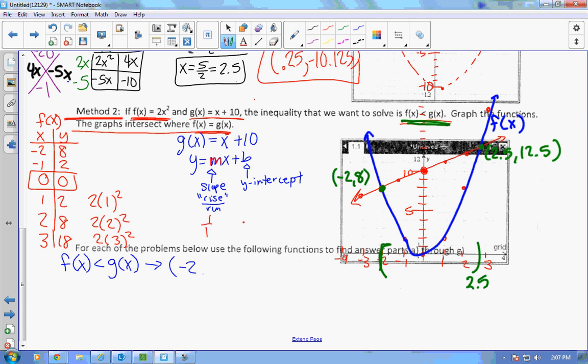So negative 2 to 12.5. And there are 2 times when they're exactly equal. What are those 2 times? Negative 2 comma 8 and 2.5, comma 12.5, the intersections, right?